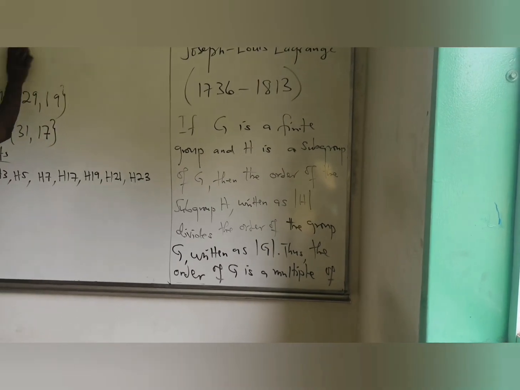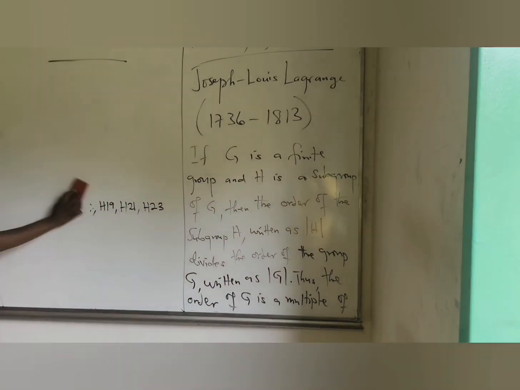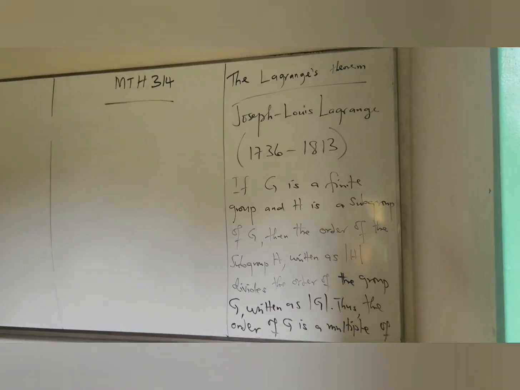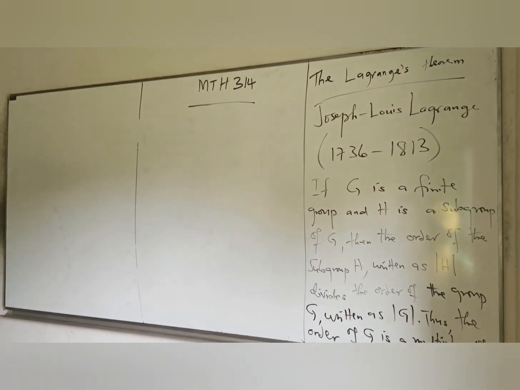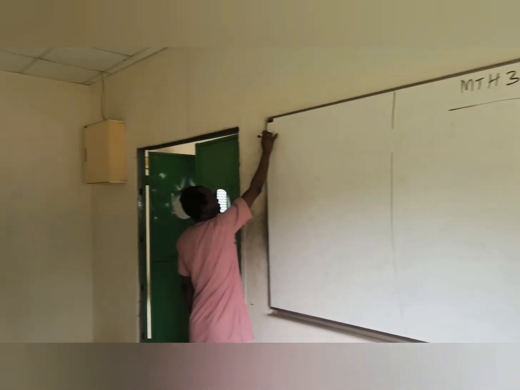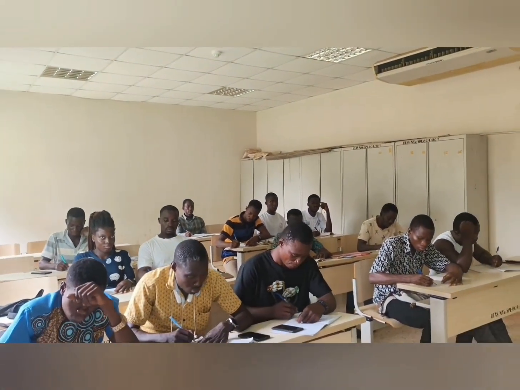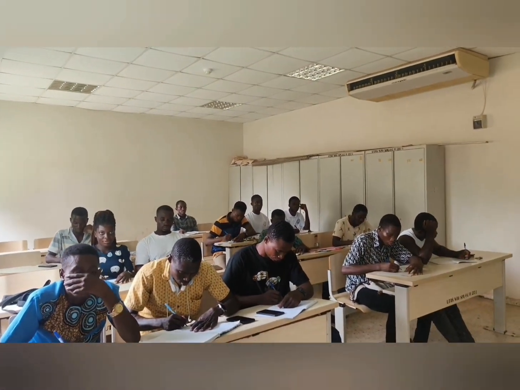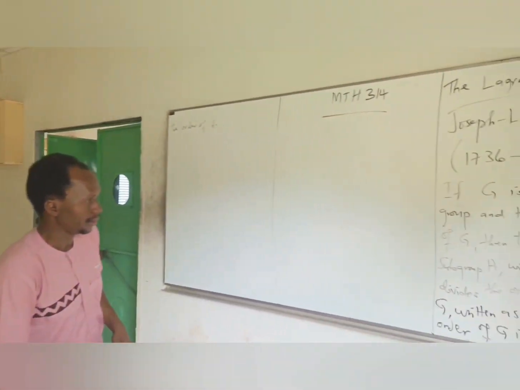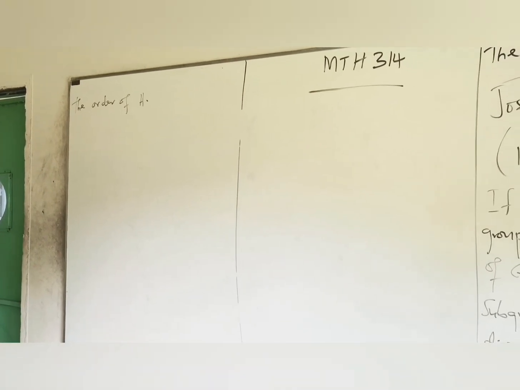And we know order is the number of elements. So we are saying that the order of G is a multiple of the order of H.